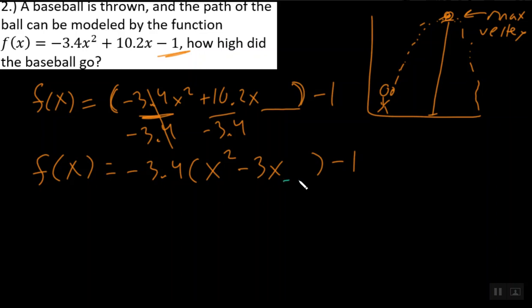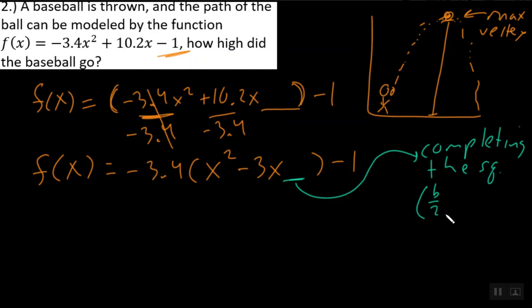Now from here, what we want to do is create our perfect constant. And once again, we do this by completing the square. Okay? Well, how in the world do we complete our square? I've asked you to memorize this, and I think we've worked out about 3 or 4 examples now together. So pause the video and see if you can write down the formula for completing the square.